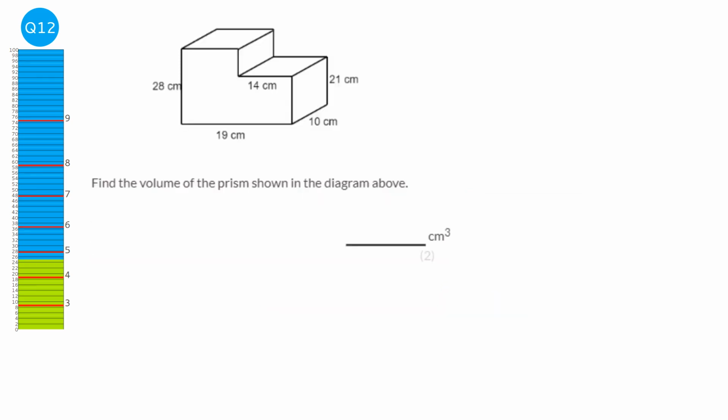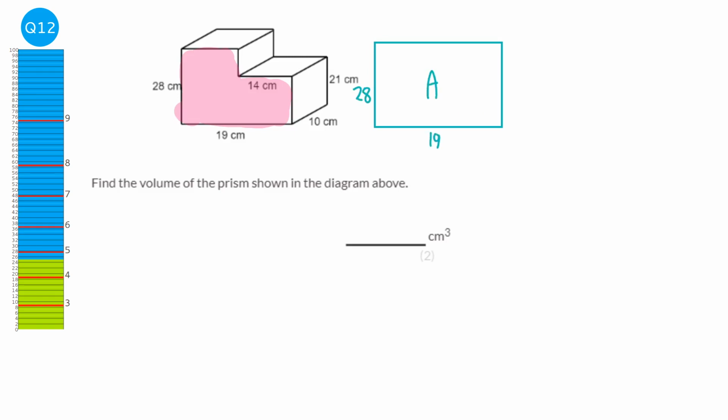So there's a few different ways of working out this question, but they all involve working out the area of the cross-section. And the cross-section is the part here. So we want to work out the area of this. And what we can do, and this is one of the methods, is we can work out the area of the full rectangle, which will be 28 by 19.